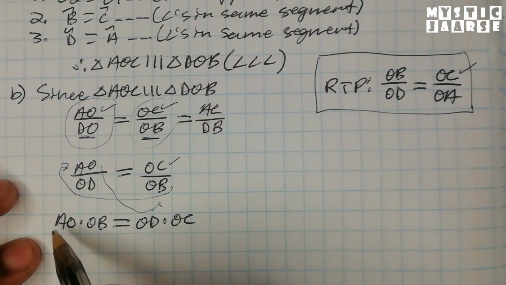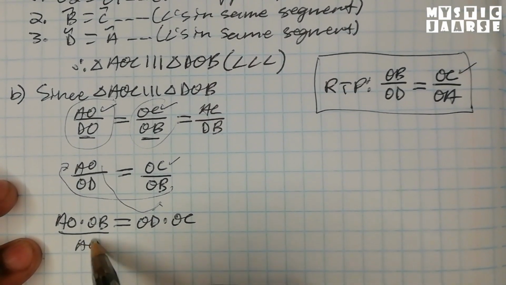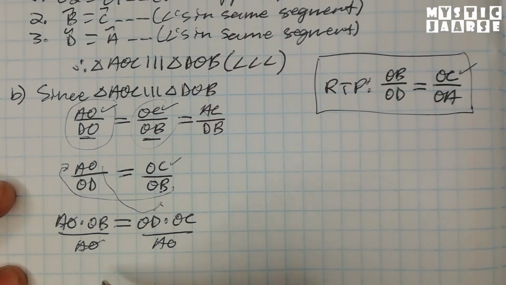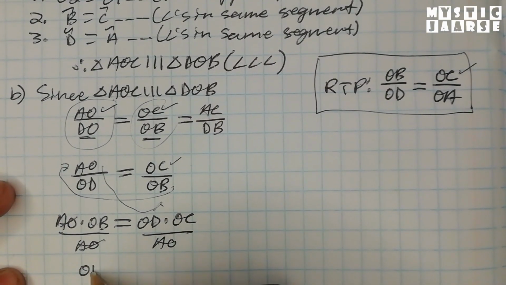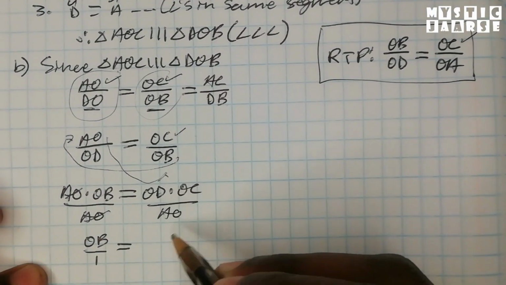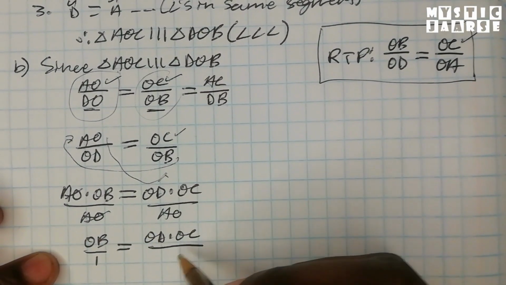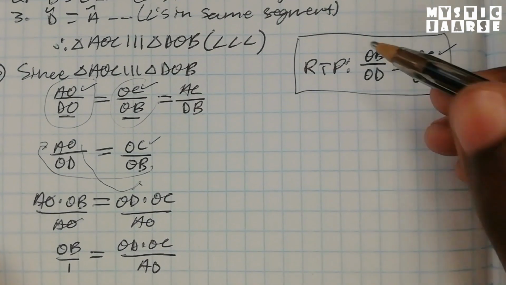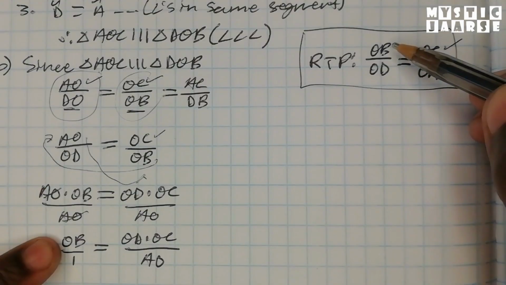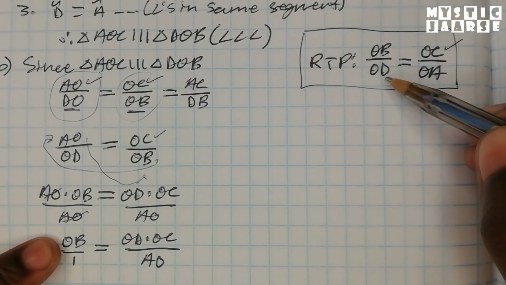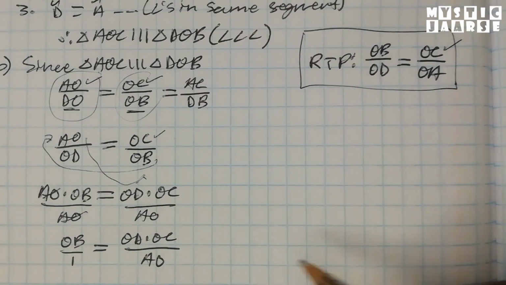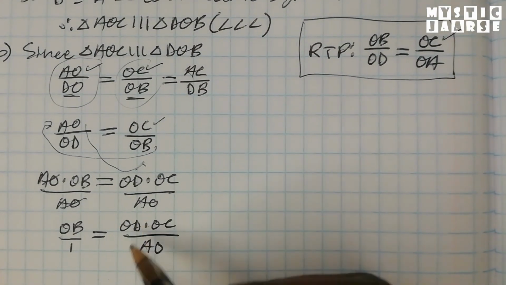For me to get rid of AO, I need to divide both sides by AO so that this AO cancels this AO. So I'm left with OB, and OB is divided by 1 is equal to OD divided by AO. Now since I have my OB as a numerator, I need to have OD as a denominator, and OD is over here as a numerator. So I need to take OD and put it here.